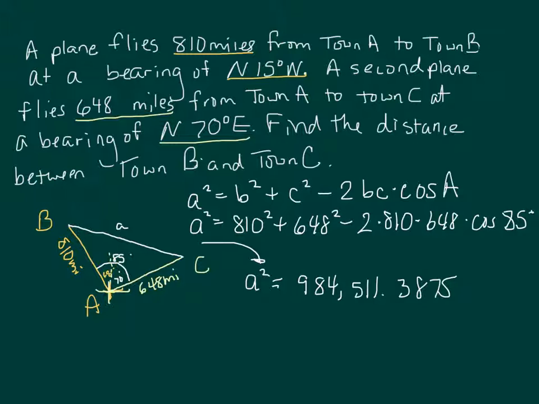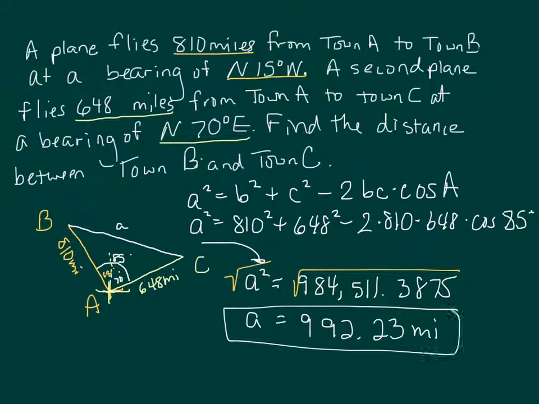So I need to take the square root of both sides, and we find that a is 992.23 miles long, and that's the distance between town B and C. And there's our practice for law of cosines, so now you should be good to do your homework problems.